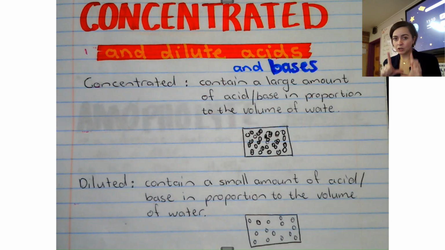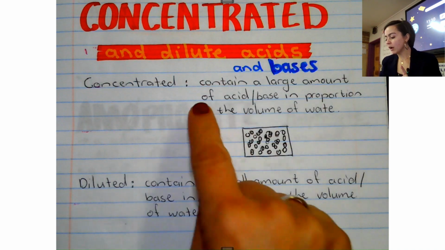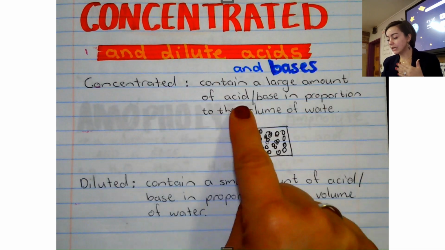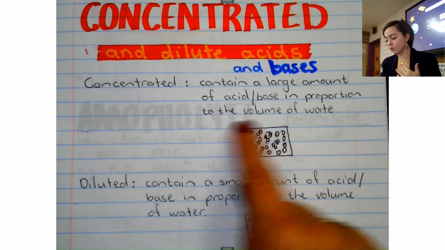If I have a certain volume, in our definition it's a liter, it depends on how much of my acid I add to it. Concentrated contains a large amount of acid or base in proportion to the volume of water.